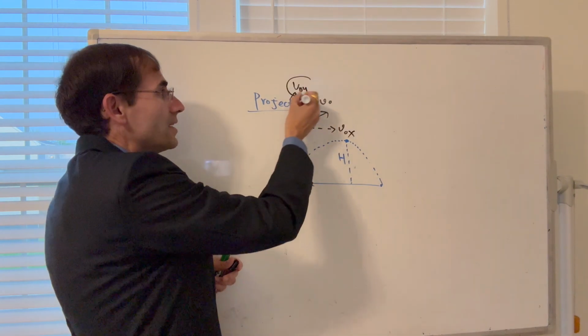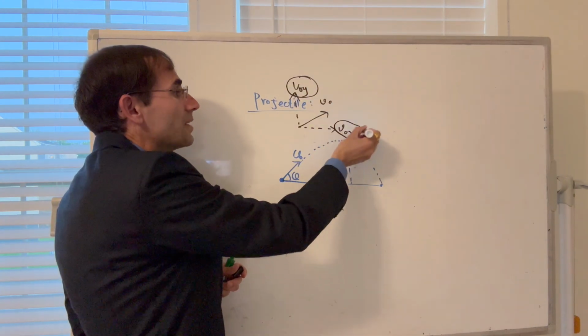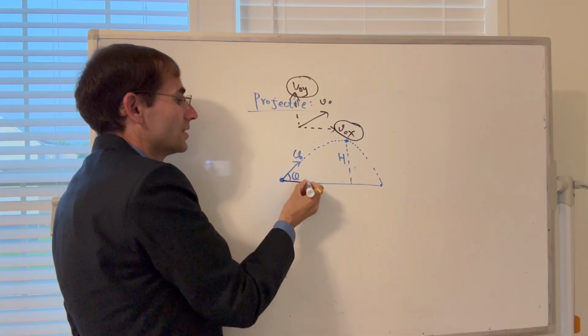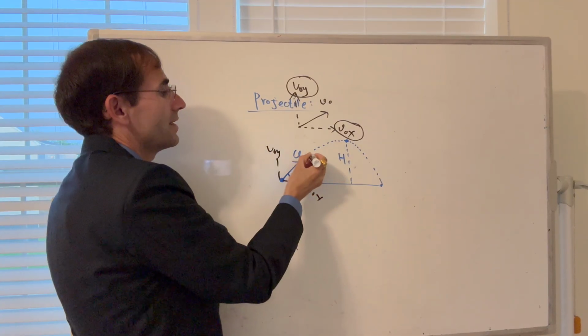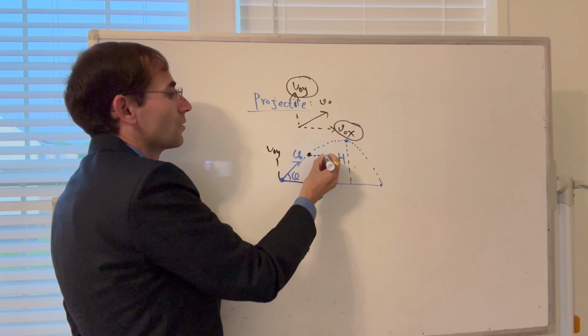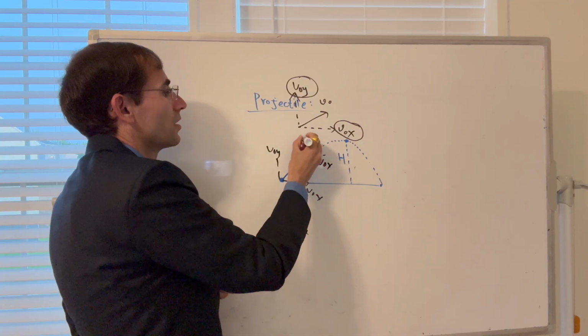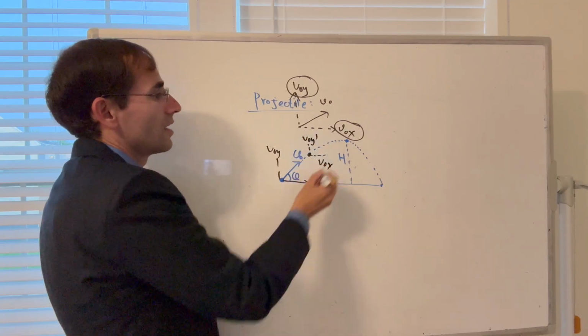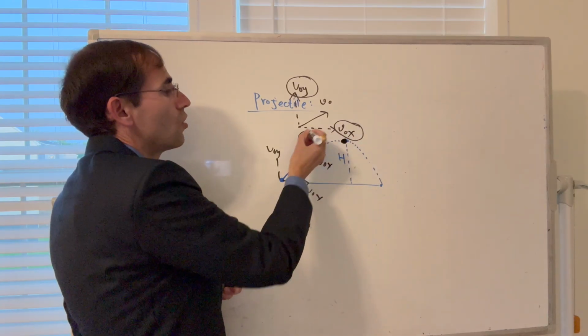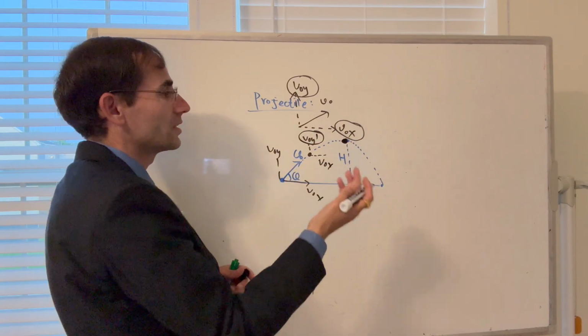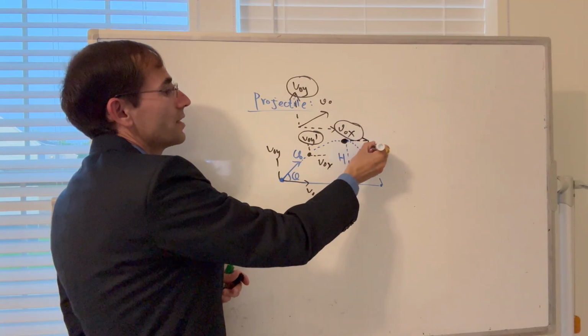So voy is the y velocity and vox is the x velocity. At each point it has two velocities, one is vox, another is voy prime, and at the topmost height there is no vertical velocity, there is only the horizontal velocity.